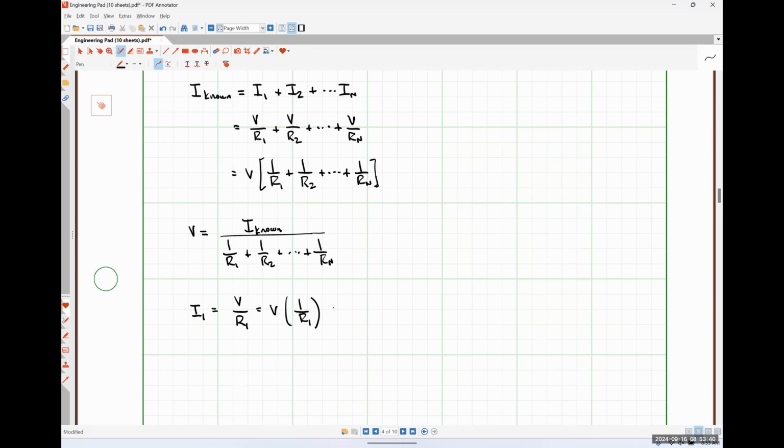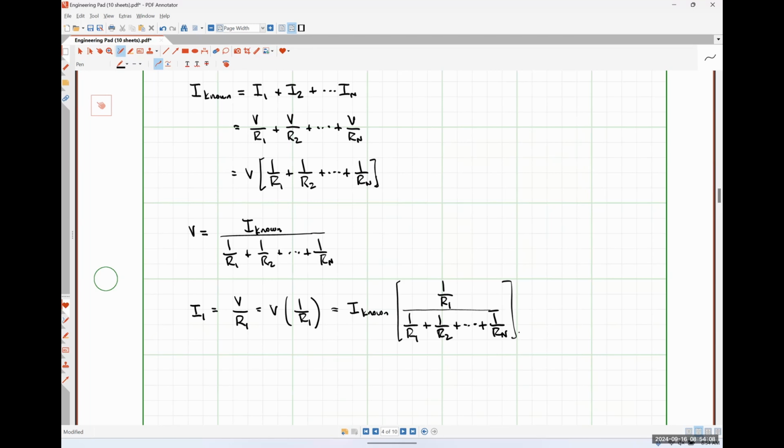So that when I substitute in my relationship for V, I wind up getting I known times 1 over R1 divided by 1 over R1 plus 1 over R2 all the way out to 1 over R sub n.